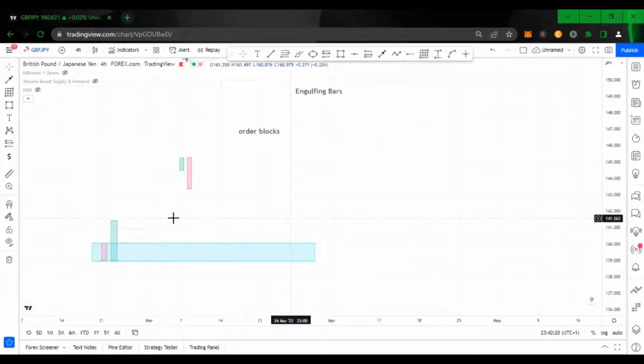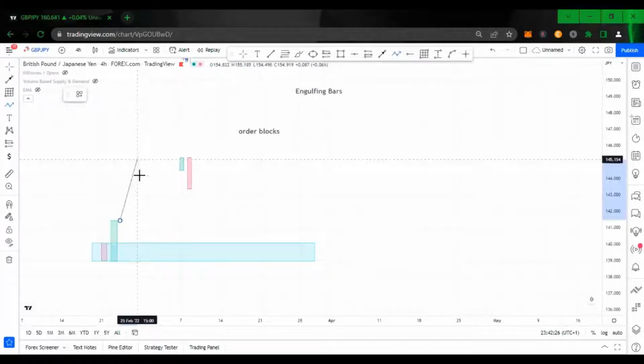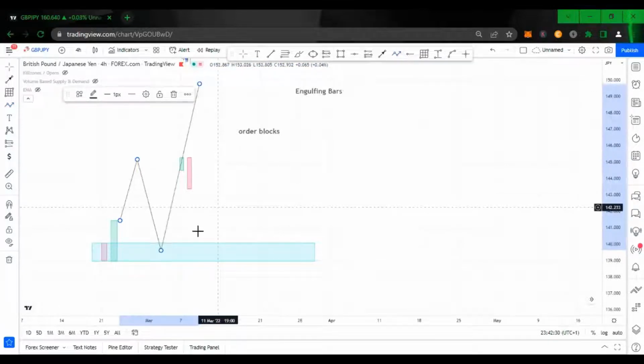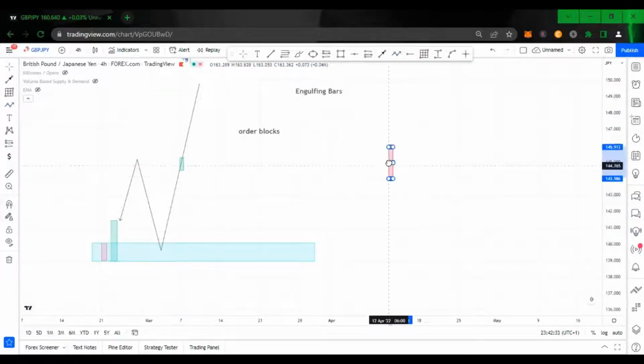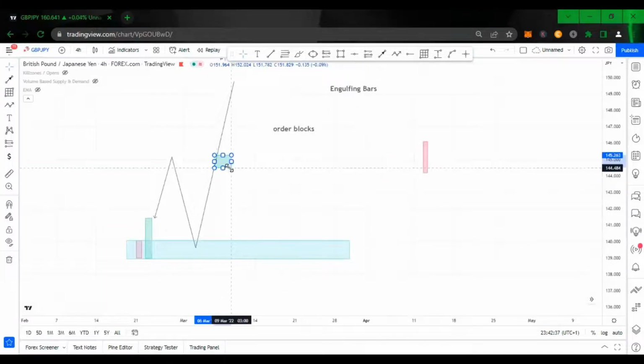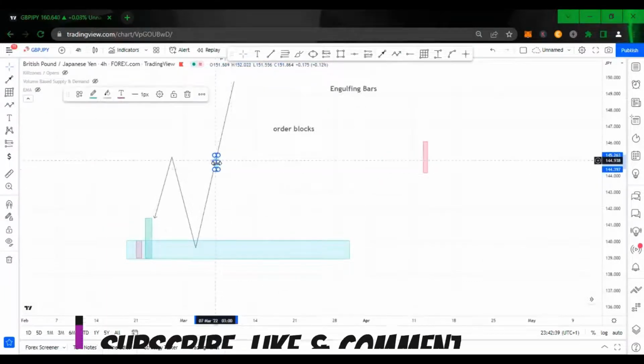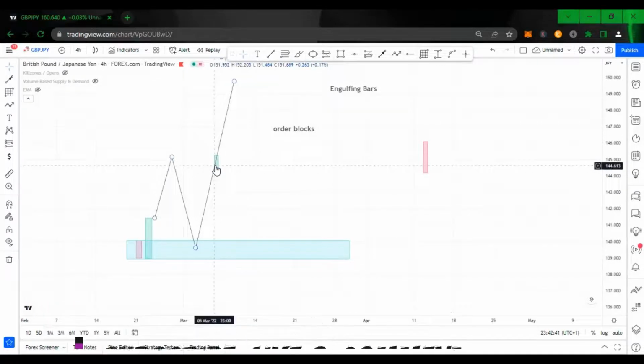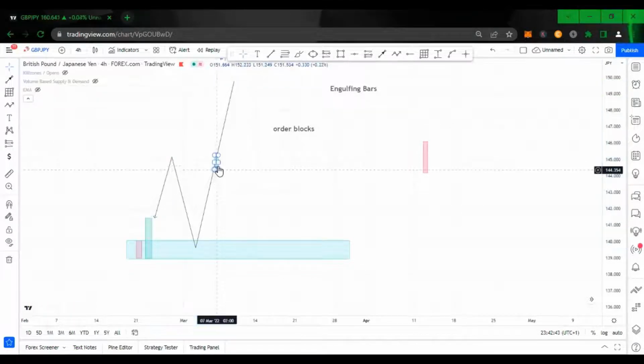So when we have this, the market pulls up just like that, pulls up and then comes back to pick this and then goes bullish. Naturally, that's what the market does almost every time. It comes back into the order block to pick the order and then moves the way it wants to move.